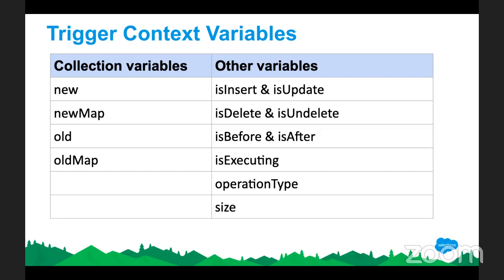Then operationType. This operationType is an enumerator that says basically before insert. It will have those 7 values: before insert, before update, before delete, after insert, after update, whatever it is. You can see that in code. Size is the number of records in the chunk.